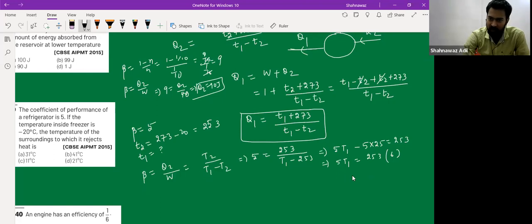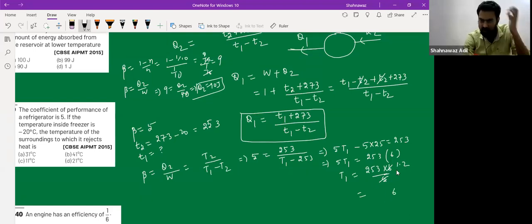So T1 would be 253 times 6 by 5, which is 1.2 times 253, so 303.6 Kelvin.